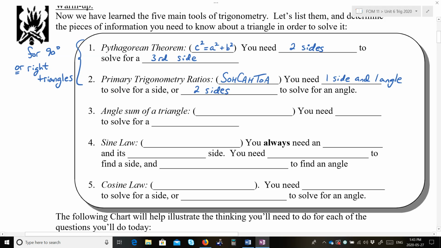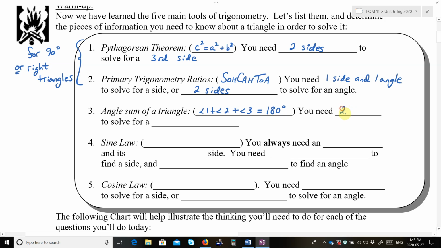The third tool of trigonometry is angle sum of triangle. The 3 angles in a triangle add to 180 degrees. So angle 1 plus angle 2 plus angle 3 equals 180 degrees.